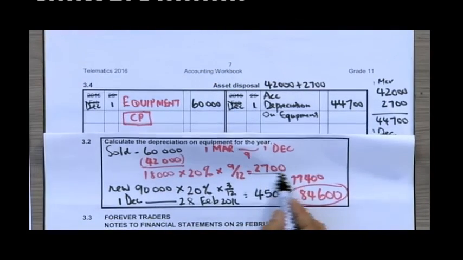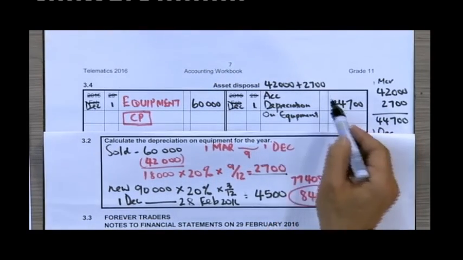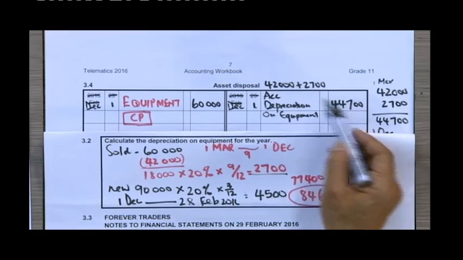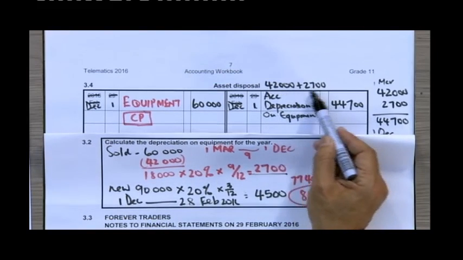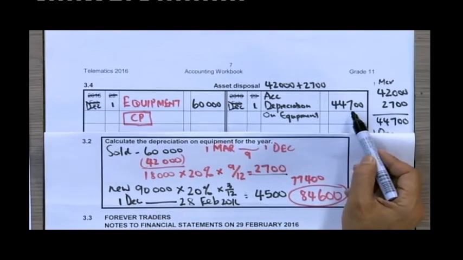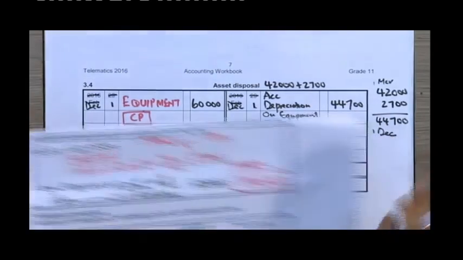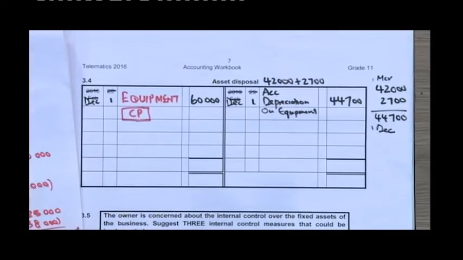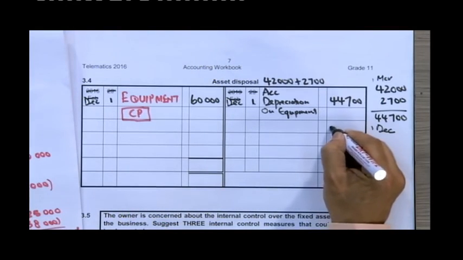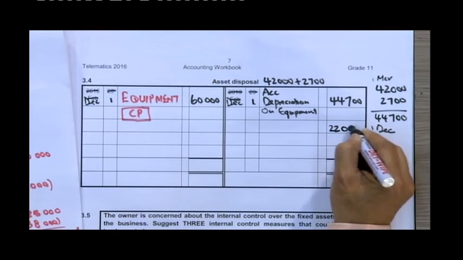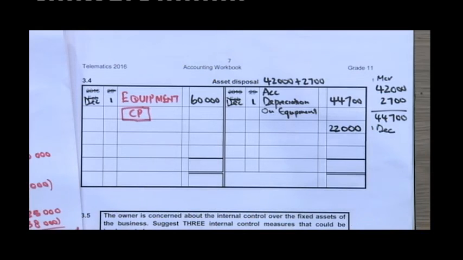We wrote off an extra 2,700, so now we have to update the accumulated depreciation. That's why we say 42,000 plus 2,700 gives me 44,700. But then in the information it says that we traded the vehicle in for 22,000.